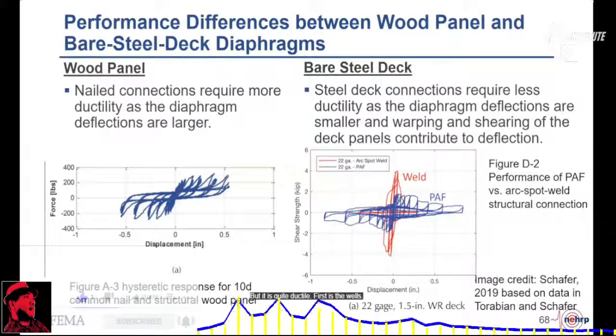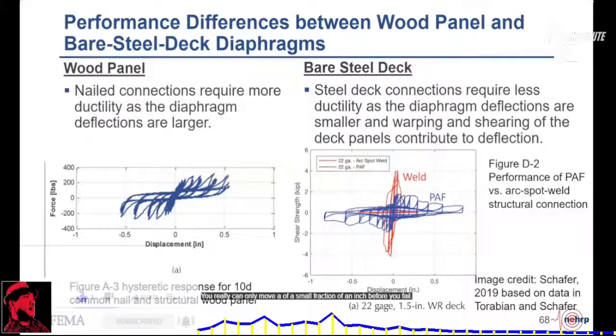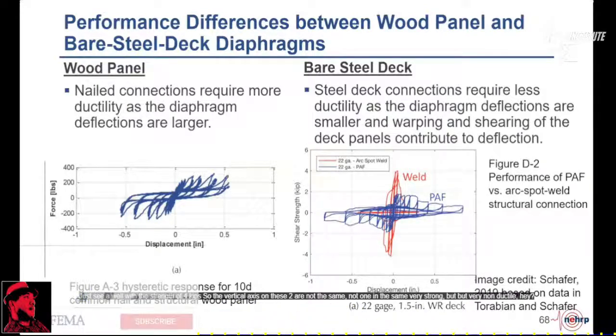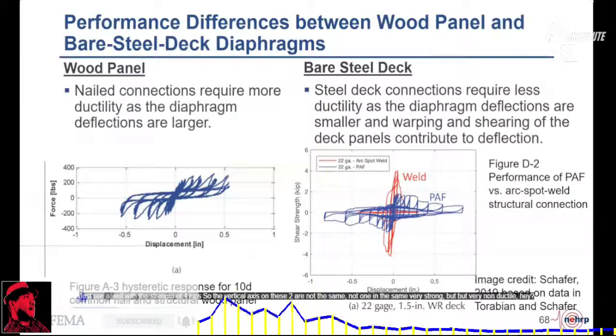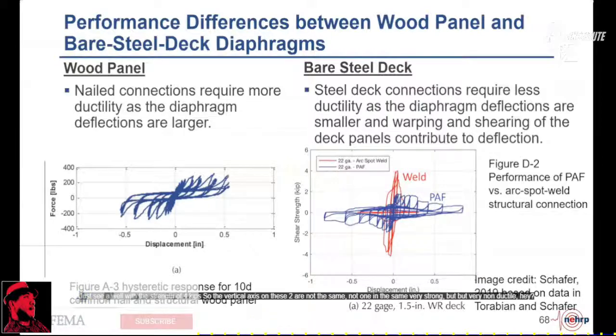Versus the welds, you can only move a small fraction of an inch before you fail the weld. So the welds tend to be very strong. Here you see a weld with a strength of 4 kips. The vertical axis on these two plots is not the same. Very strong, but very non-ductile.